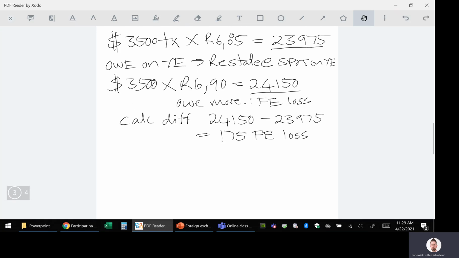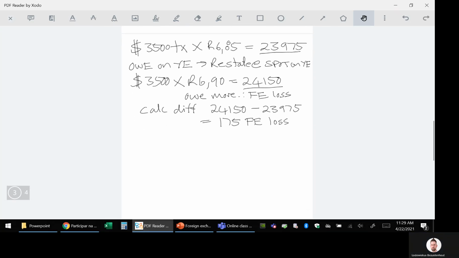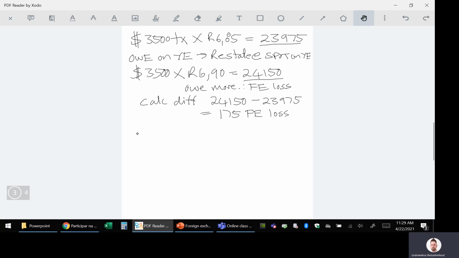So if we look at the T account, we will have the asset or inventory or whatever we purchased, 23,975, and we will have a creditor that increased of 23,975.